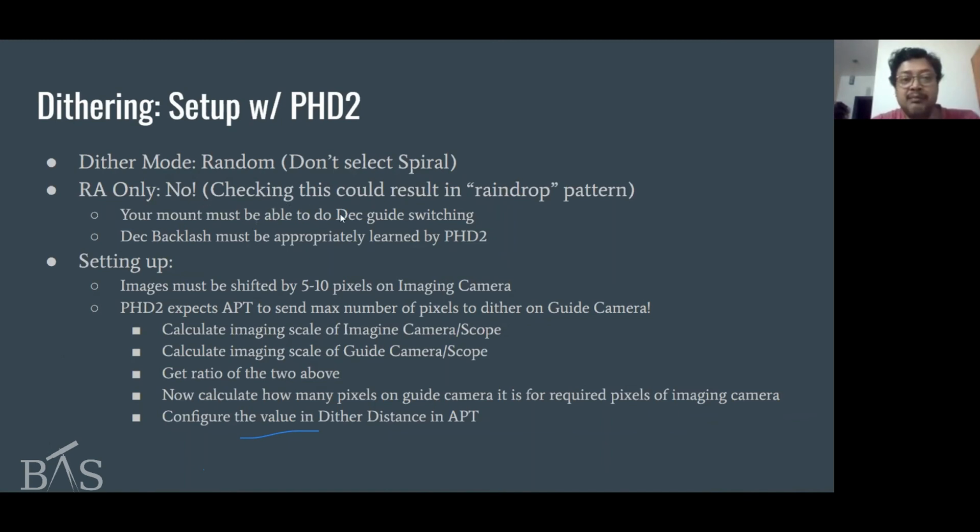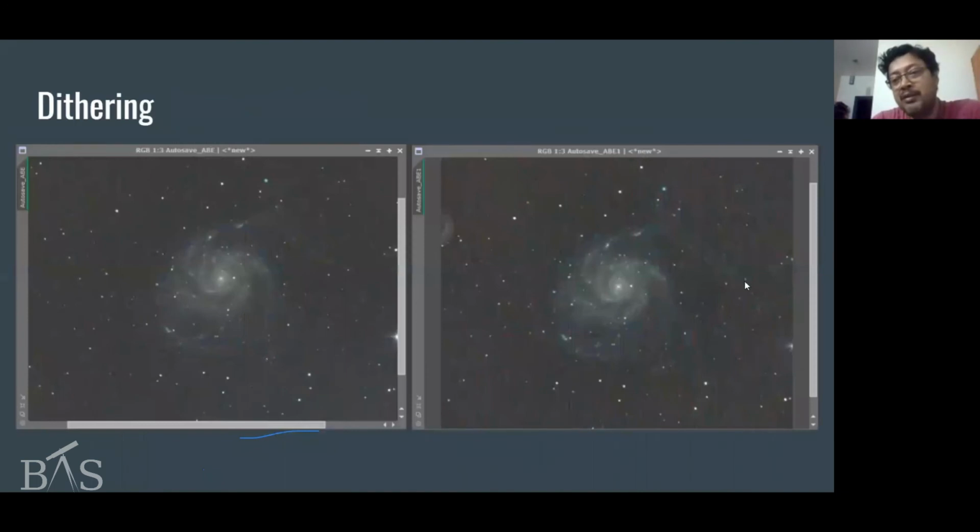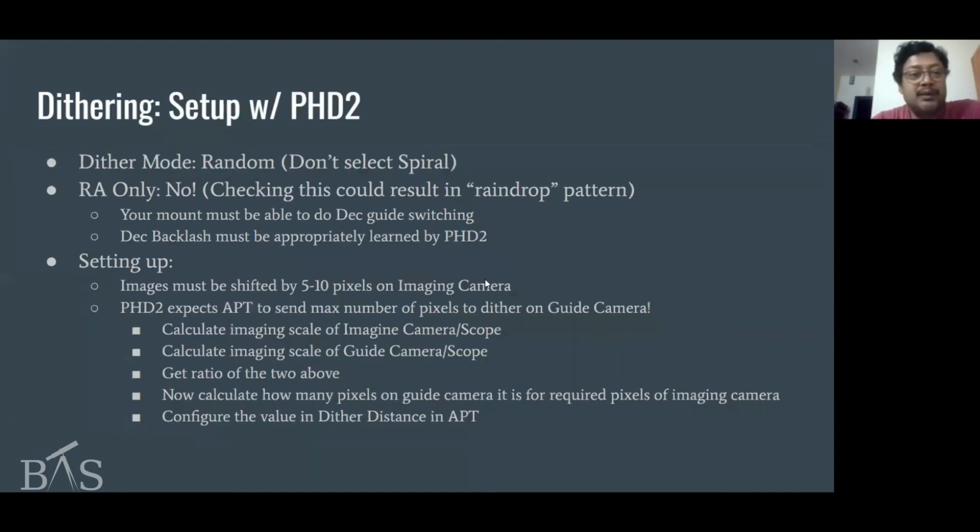If you have a very bad mount with very high Dec backlash, or a large polar alignment error because of which you have chosen to guide in Dec in only one direction, either south or north, and you do not want the direction to switch, that is the time you can choose RA only. But the point gets lost. I mean, this raindrop-like pattern is going to happen even after dithering. It would happen at a higher distance, but it will still happen. So if you can, don't choose RA only.